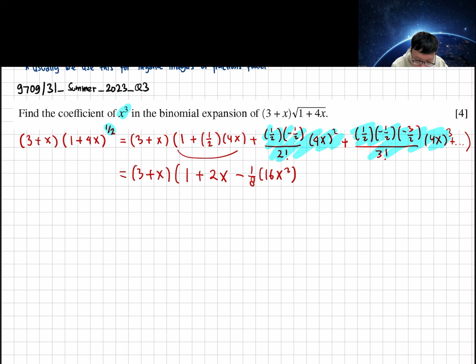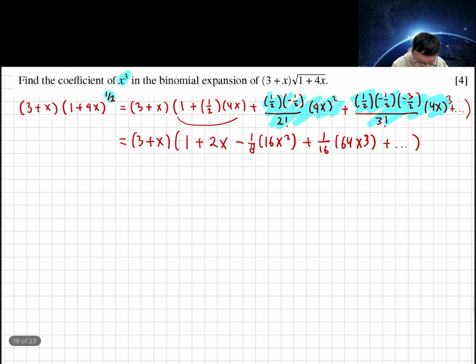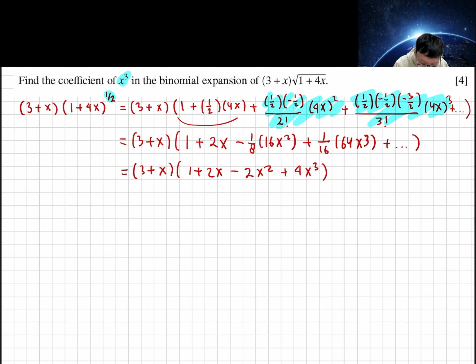And then this one, when you multiply them, you get plus 1 over 16 times 64x cubed. Now, we can simplify again. 1 plus 2x, this one gives you minus 2x squared, this one gives you plus 4x cubed.